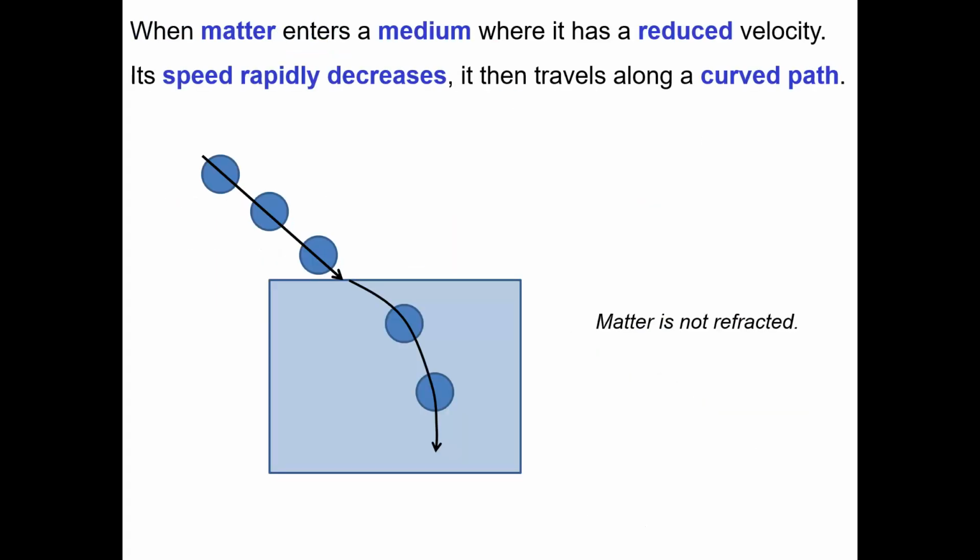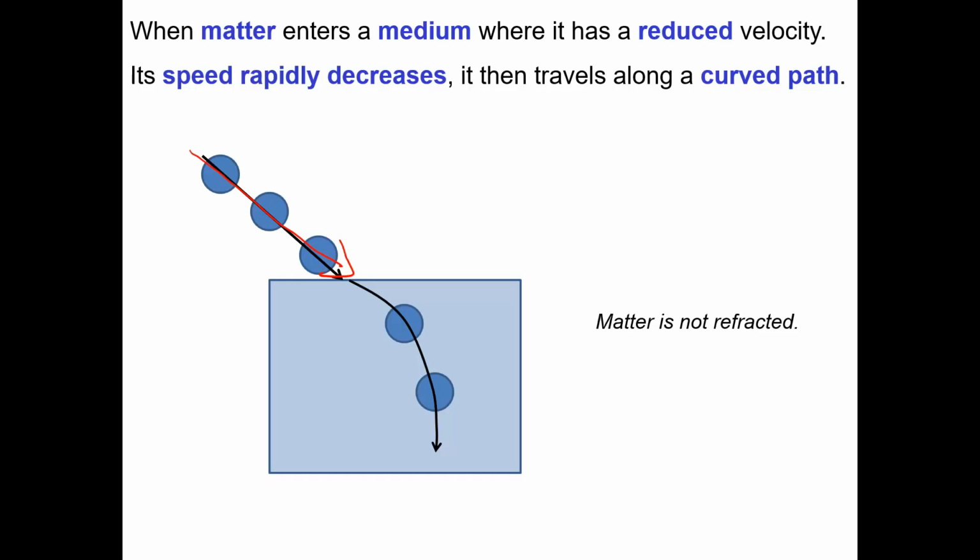Now, if light was, say, matter instead of being waves, what we find is that when matter moves from one medium to another, where its speed decreases, matter is not refracted. What happens is matter completely changes the way that it's moving. So say we have a stream of particles that are moving in a straight line.